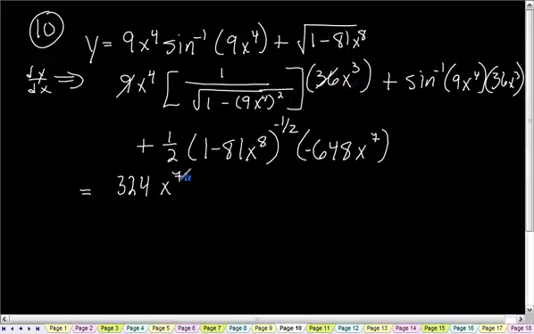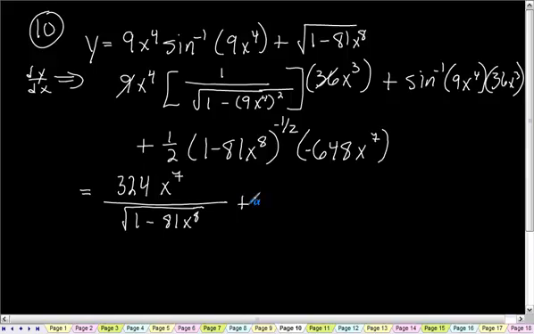And that is over radical 1 minus this. 9 times 9 is 81. This becomes x to the 8th. That's that there.